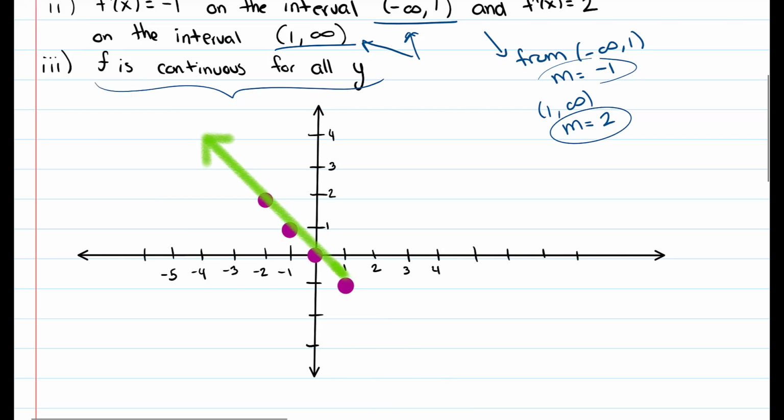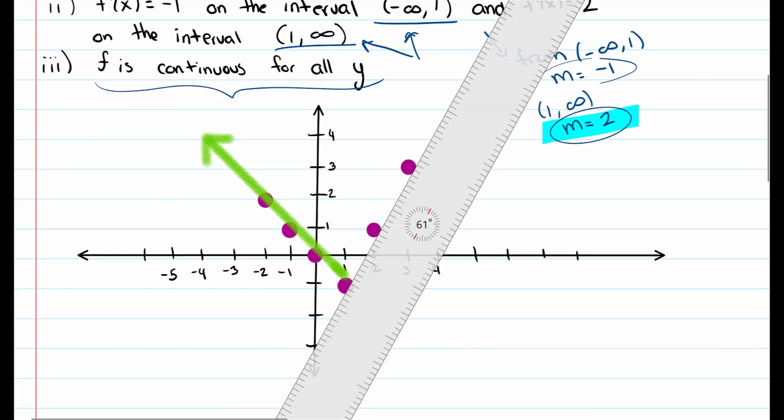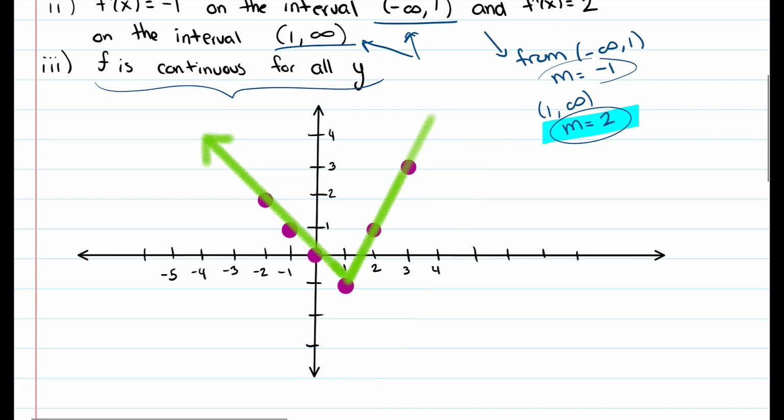Once I hit 1, my slope changes to m equals 2. So now I'm going to draw in a slope of 2 after x equals 1. So I go up 2 over 1, up 2 over 1, and so on. And then I connect those with the line. And so for this part of the graph, m is equal to 2, and for this part of the graph, m is equal to -1.